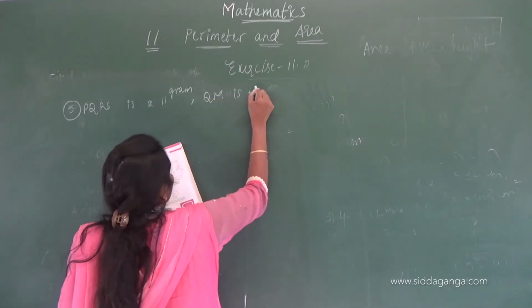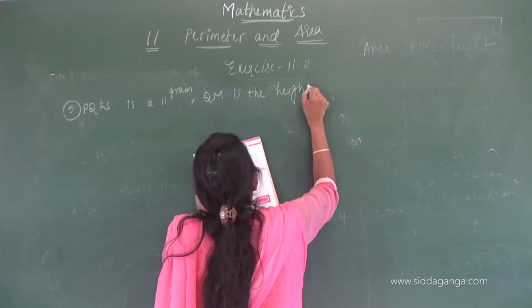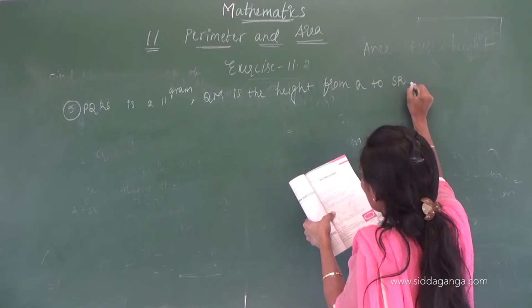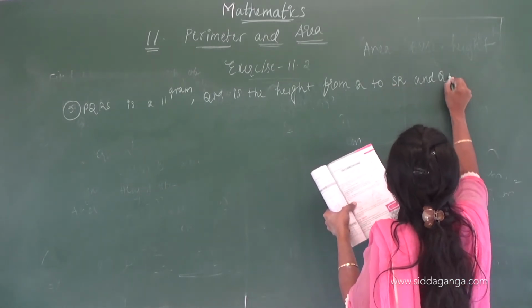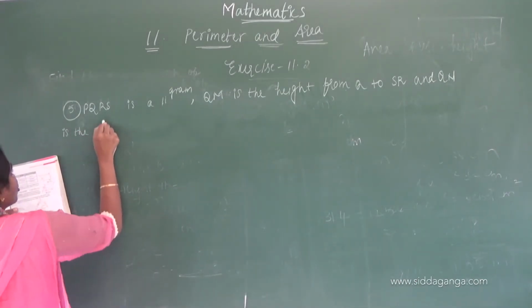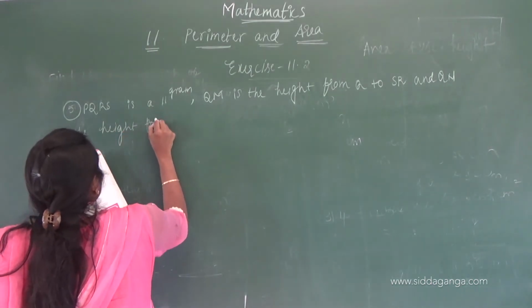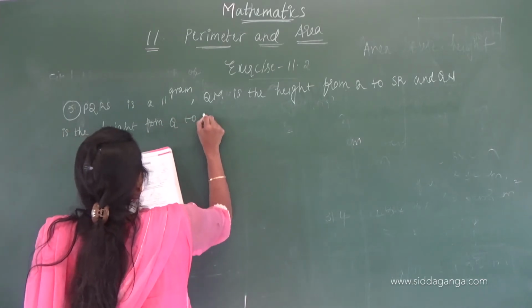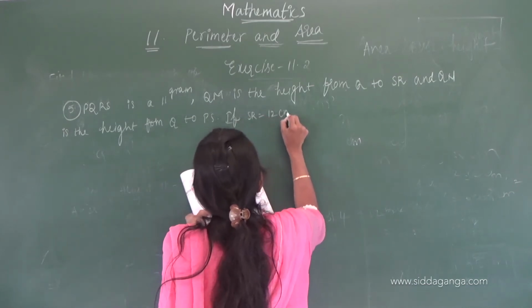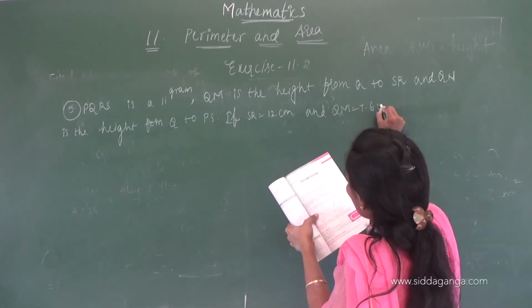QM is the height from Q to SR and QN is the height from Q to P as if SR equals 12 centimeters and QM equals 7.6 centimeters.